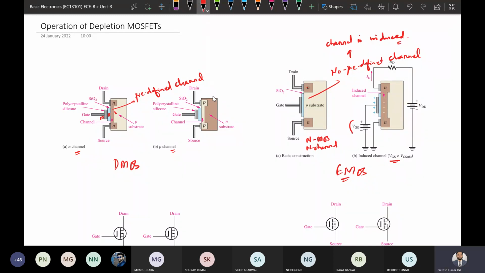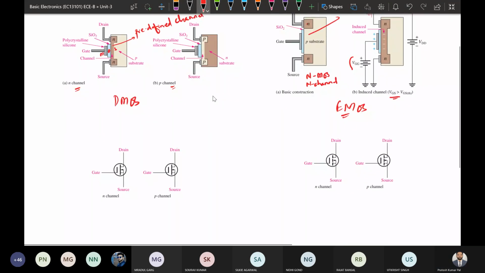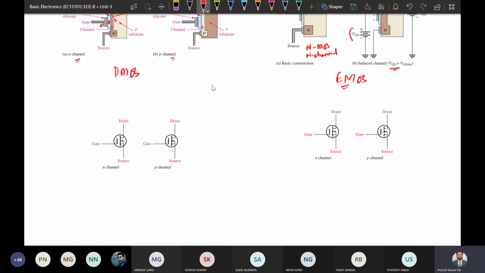Next we will see the symbol. In the case of depletion type MOSFETs, first of all there are four terminals: gate, drain, source, and another terminal, which is called the substrate or body.